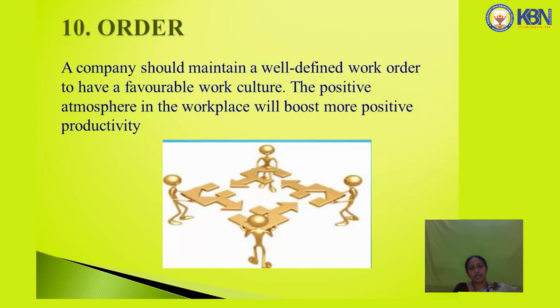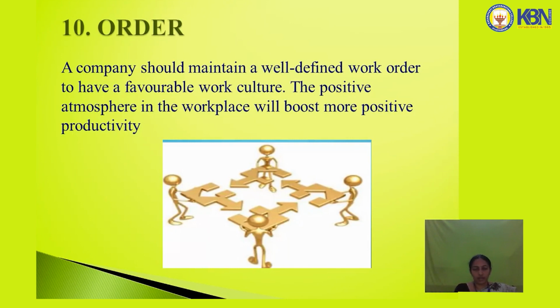Order means a well-defined work order to have a favorable work culture. The work should be done in a systematic manner. For example, in a cotton textile mill, what is the first process? Separating the seeds from the cotton, carding, yarning, ginning.